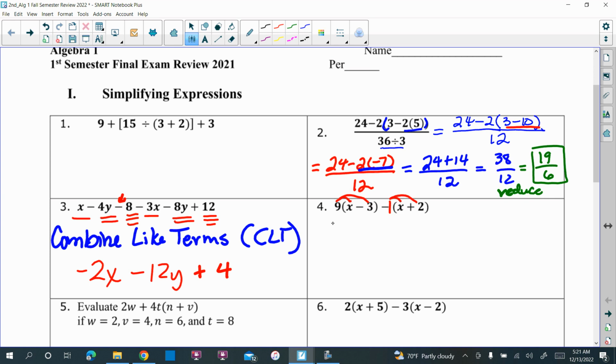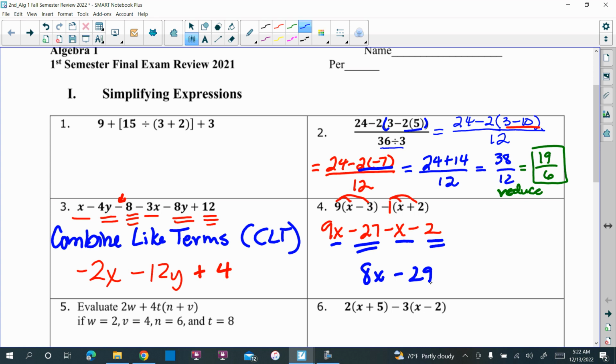So this would come out to be 9x minus 27 minus an x, then minus 2. And from there, we're just combining our like terms. This comes out to be a total of 8x, and then combine our constants. Negative 27 and negative 2 will give me a negative 29.